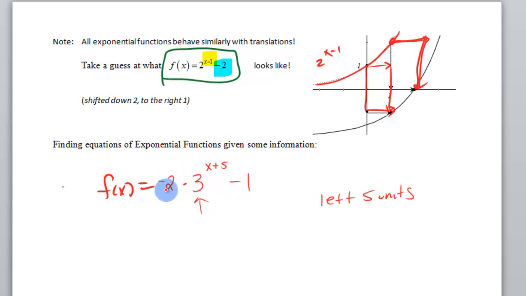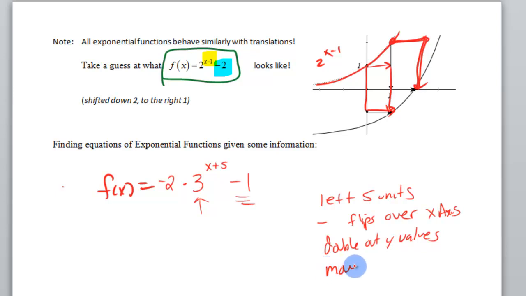So left 5, and then the negative portion flips over the x-axis, and the 2 doubles all the y values. And then finally, after doubling it, takes 1 off, so it moves down. Maybe we can look at that on the graph.